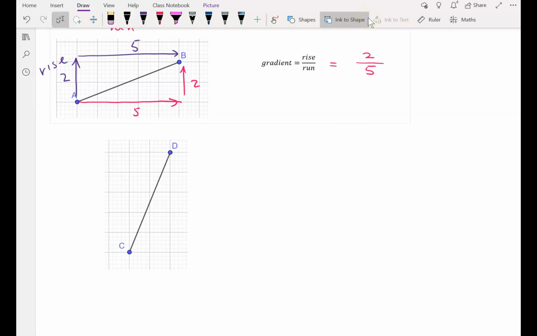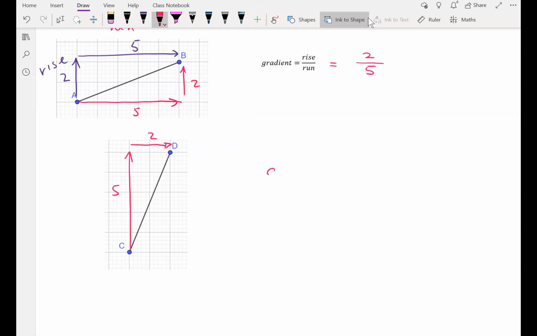Here we have a slightly different line, the line C to D. What's the gradient of this line? Well, we can see that it's got a much steeper slope than the line A to B. If we look at the rise, how much it's gone up, it's gone up 5 and it's gone across 2.